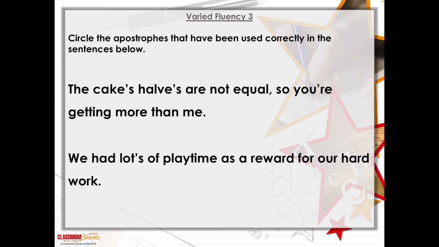We had lots of playtime as a reward for our hard work. So an apostrophe was used here on lots. Is that correct? No, it isn't, because nothing belongs to lots. It's just meaning you've got a lot of time. So we don't even need that apostrophe in there at all.